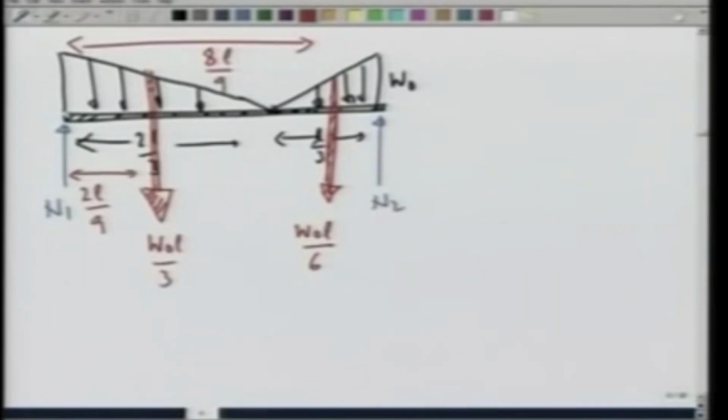So, I can forget about these triangles now and instead focus on these forces and do my calculations as we have been doing in the beginning of the first few lectures of this course.